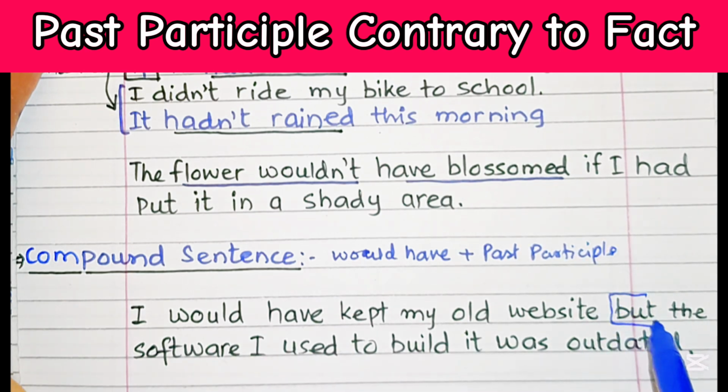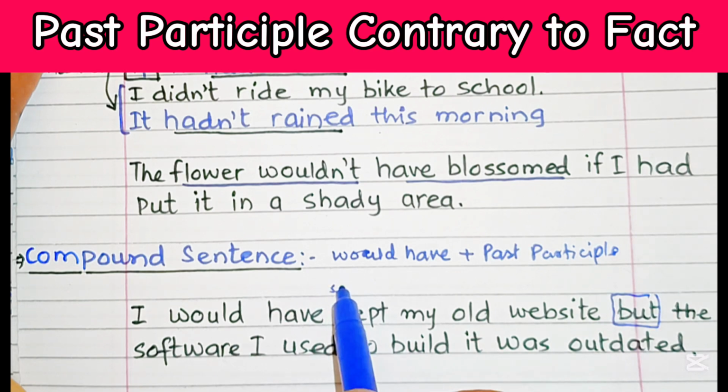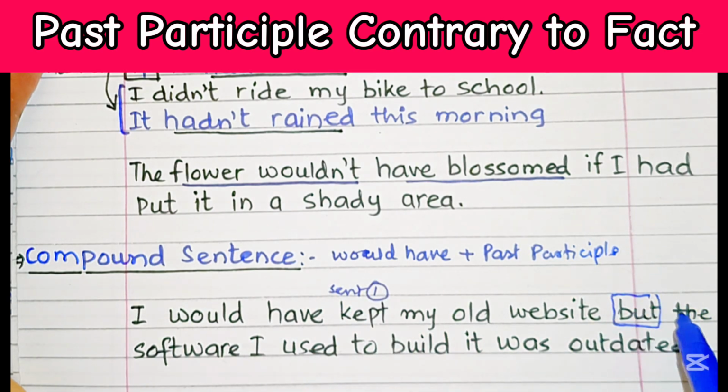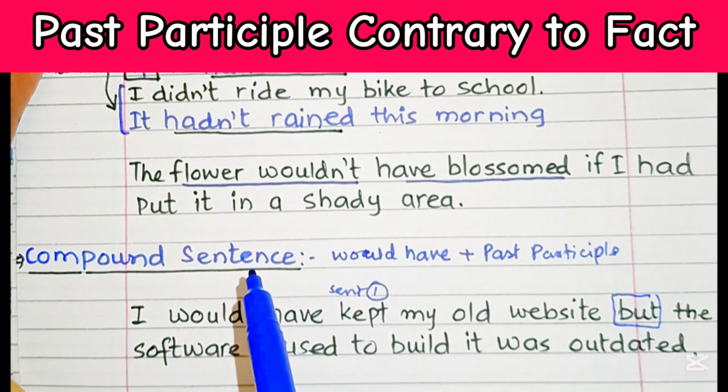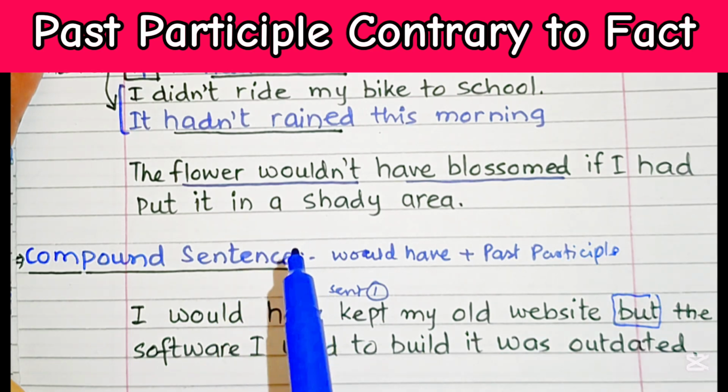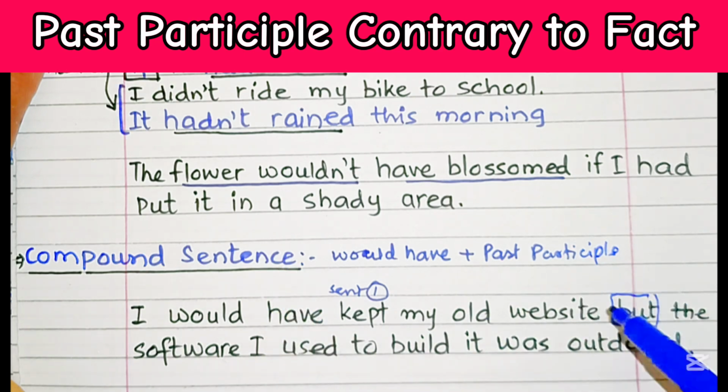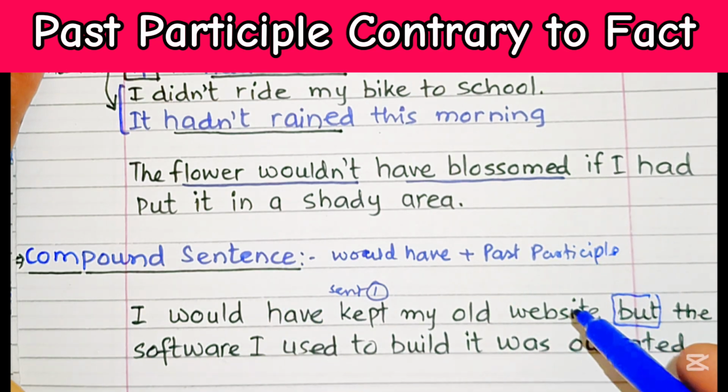So over here we can see this is sentence number 1, and then after but, the second sentence. Once they are combined together, they make a compound sentence. So we can put a comma over here as well.